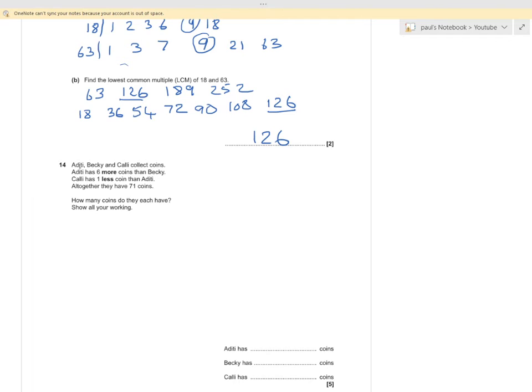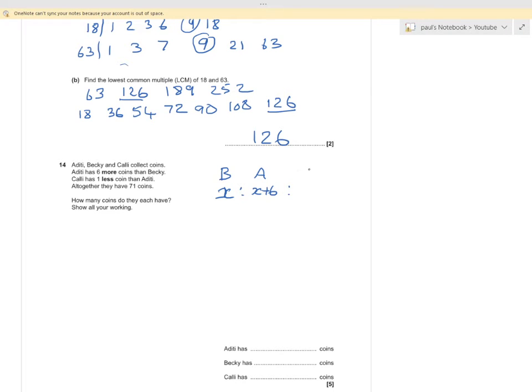Aditi, Becky and Callie collect coins. Aditi has 6 more than Becky. Callie has 1 less than Aditi. There's 71 altogether. How many does each have? So we've got to do some algebra now. Becky is x. Aditi is x plus 6.